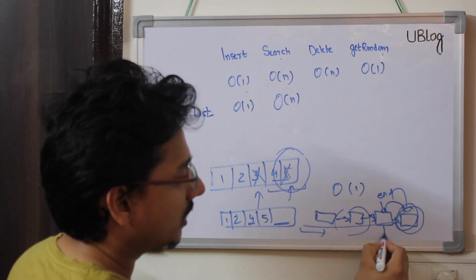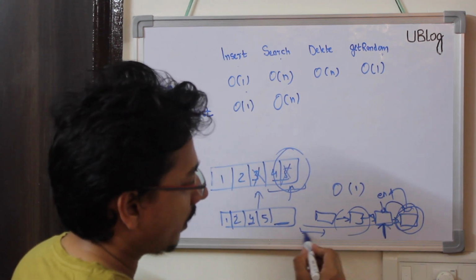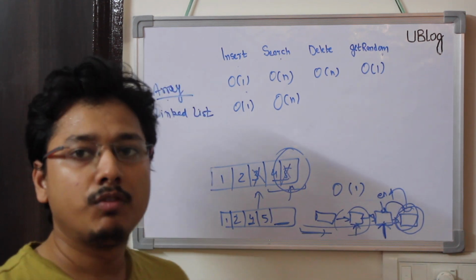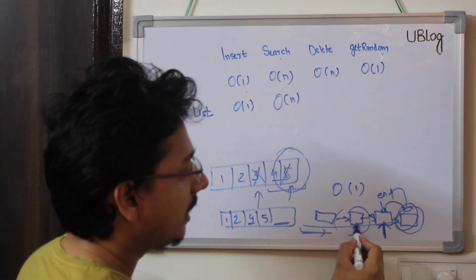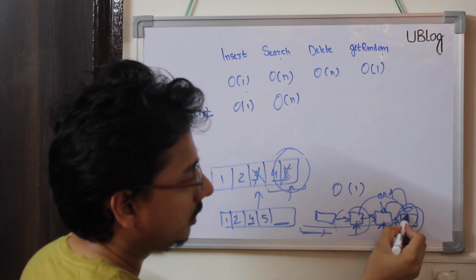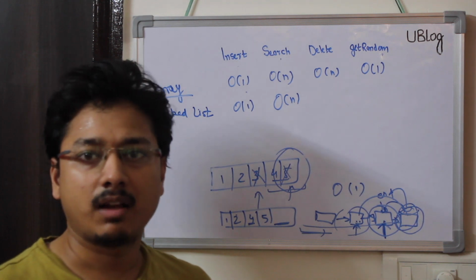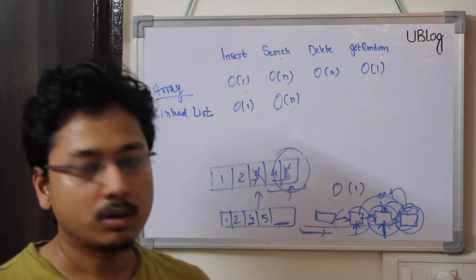For example, if we need to delete this node, we have to traverse till the point where the next of that node is equal to the node we need to delete. So we'll come here and then mark the next of this node to the next of the current node. This will delete the node. Since we are traversing the linked list, the delete is also O(n) time.